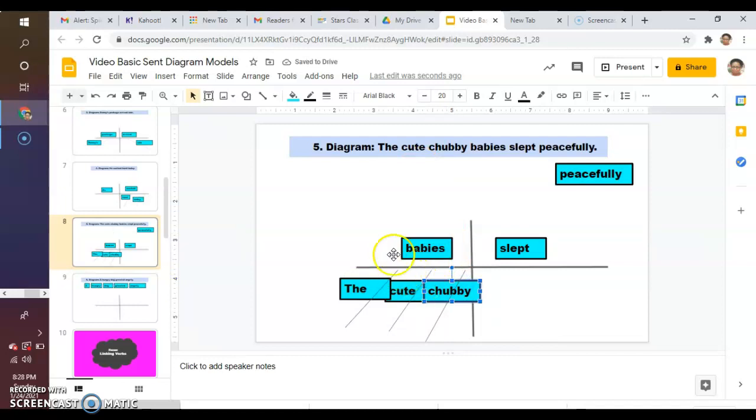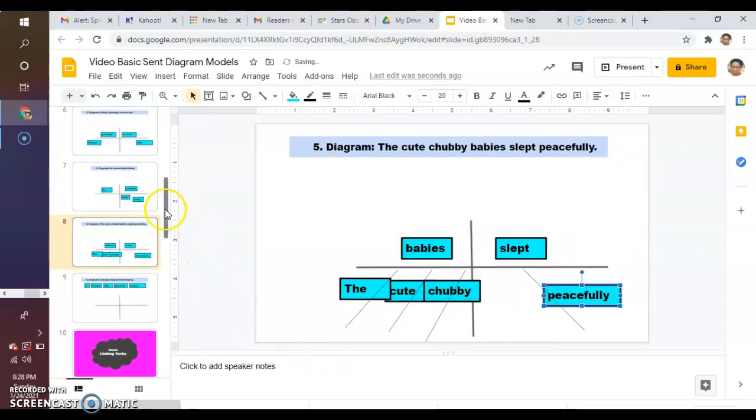So they're adjectives modifying the subject. And peacefully, is it telling you about the baby or how they slept? I think it is telling you how they slept. So how did they sleep? They slept peacefully. So it could go under the verb, and it will be known as an adverb.